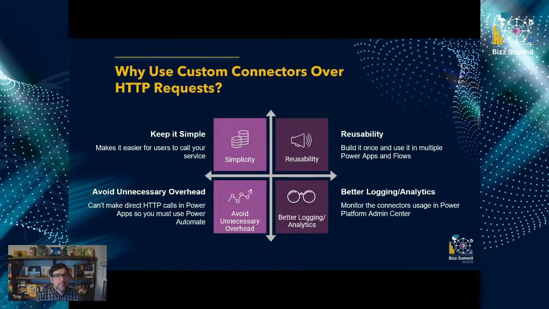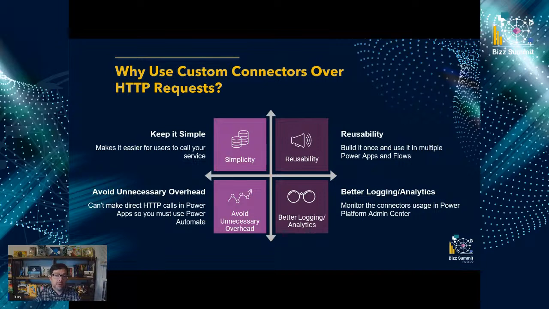So a connector allows you to simplify the service and how you interact with it. Definitely reusability is a big thing, because you're only making the definition once, and then you're calling that custom connector or certified connector action again.